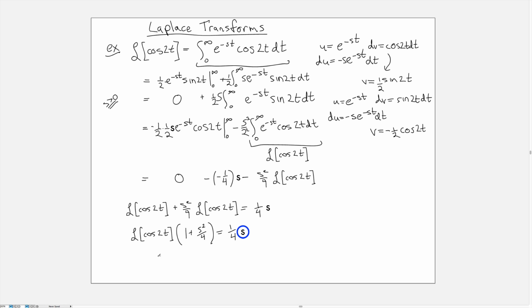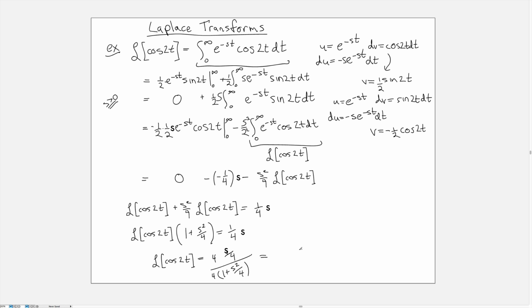And so our Laplace transform then is just going to be 1 over 4 all divided by 1 plus s squared over 4. But I can multiply top and bottom by 4.